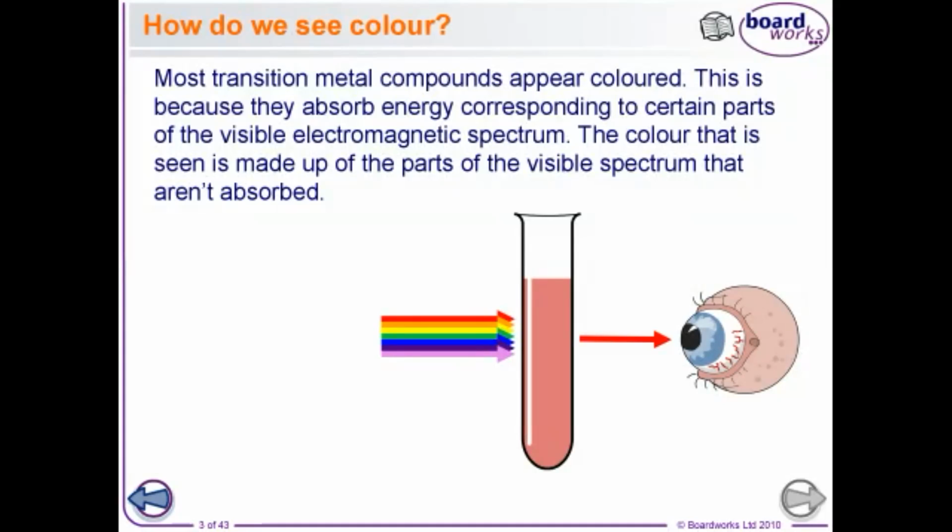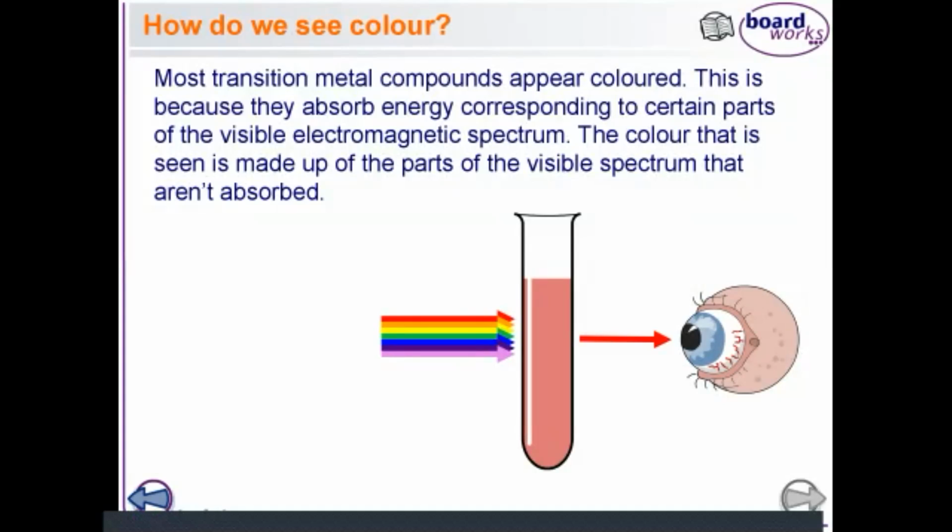This is because they absorb the energy corresponding to certain parts of the visible electromagnetic spectrum. Now we know that the color that can be seen is actually made up of the parts of the visible spectrum which are not absorbed.